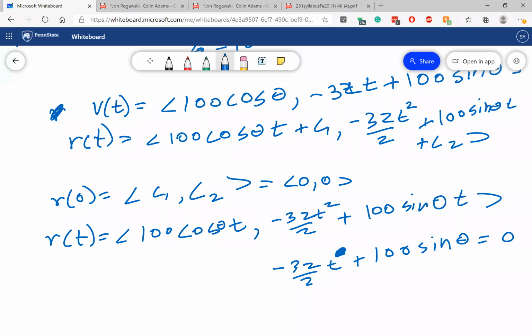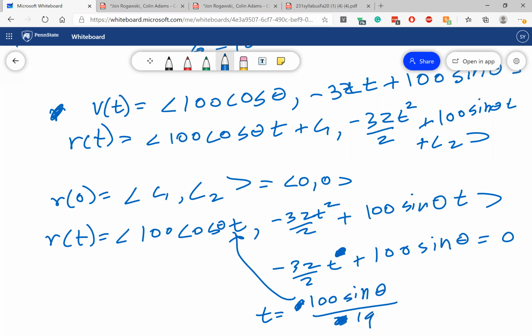So now t is going to be equal to negative 100 sine of the angle, the negative cancels with that negative, over 30 over 19. Okay, and now we can plug that back into here to find the position.